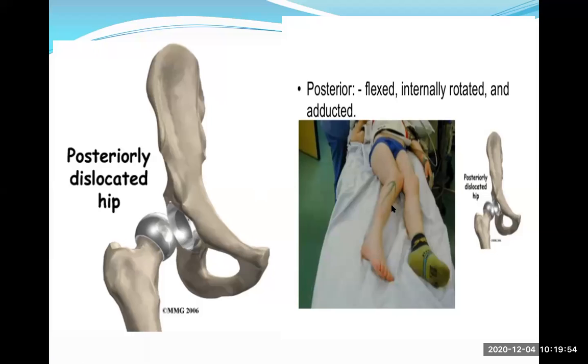Please compare between anterior dislocation and the posterior dislocation quickly, okay? This is the important question which is asked in the exam. The hip is flexed, it is internally rotated, and it is adducted. Whereas in anterior dislocation, it is minimally flexed. So flexion is a common point in both, but there is external rotation and abduction. These two are different now.